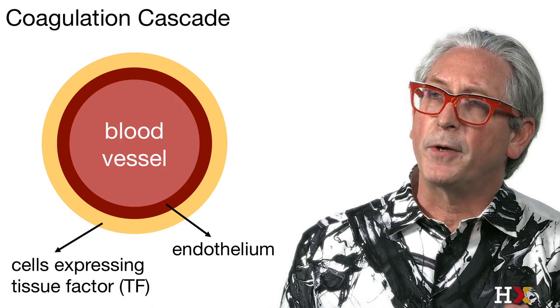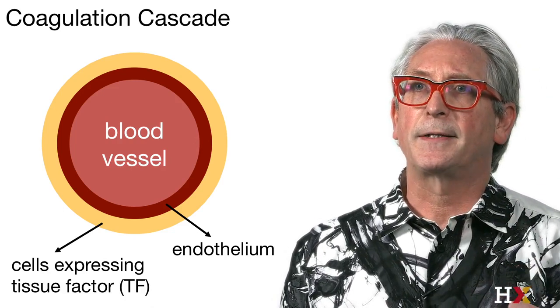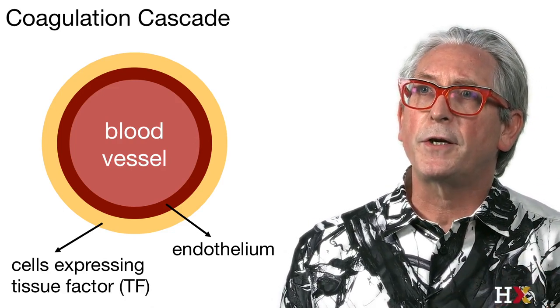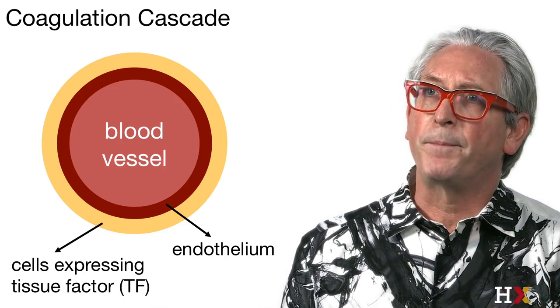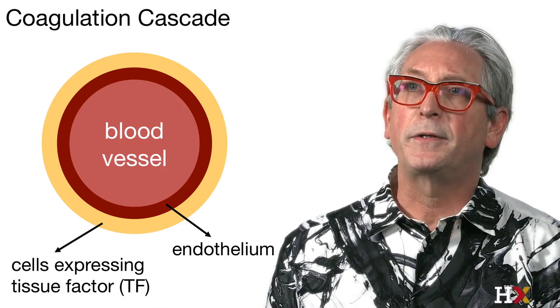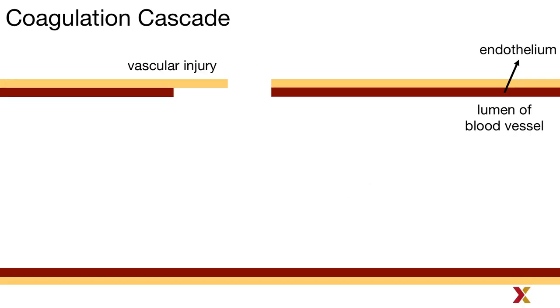Surrounding the endothelium, a second layer of cells is characterized by the expression of a transmembrane receptor called a tissue factor, or TF. As you can see on the side view of a blood vessel, a vascular lesion damaged the endothelium and exposed the tissue factor presenting cells to the blood flowing in the lumen of the vessel.